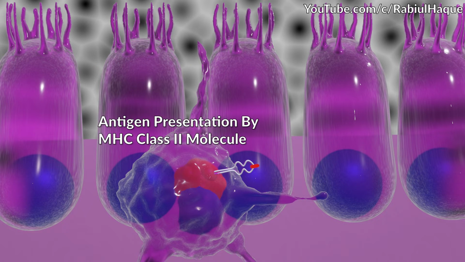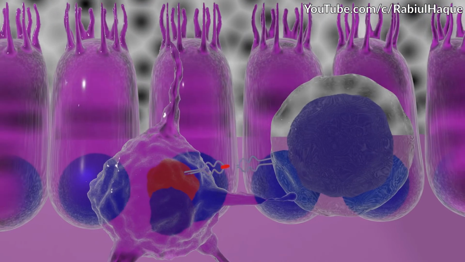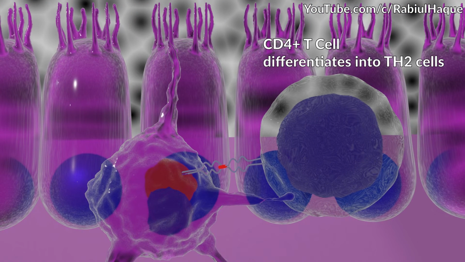What will happen next? Now the dendritic cell will take that antigen and present that to naive T cell or CD4 positive T cell. In response to antigens and also due to some locally produced cytokines like interleukin 4, now this naive CD4 positive T cell will differentiate into T helper 2 cell.